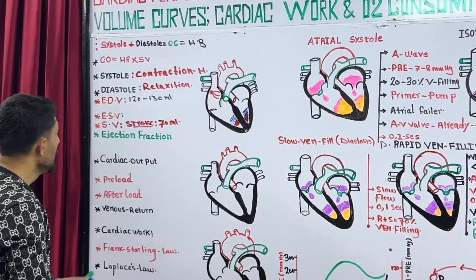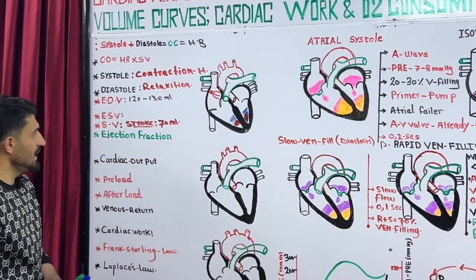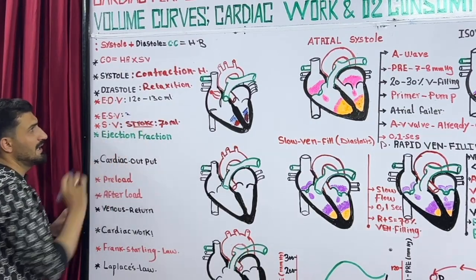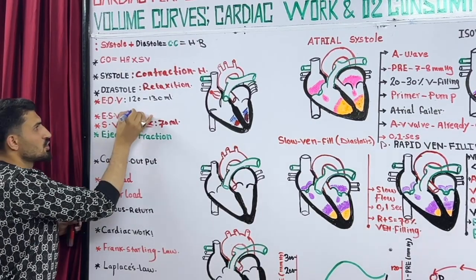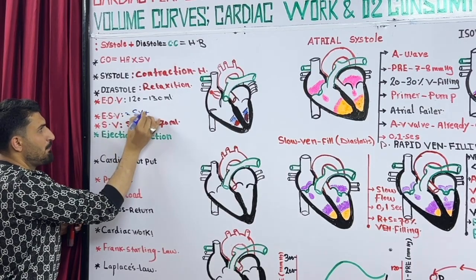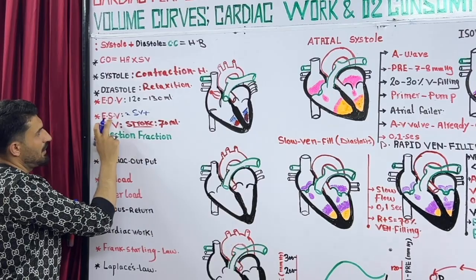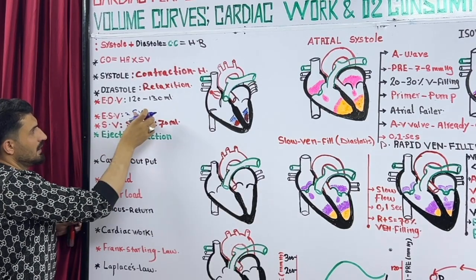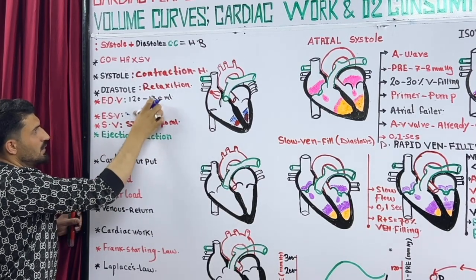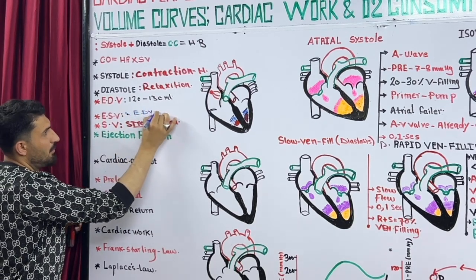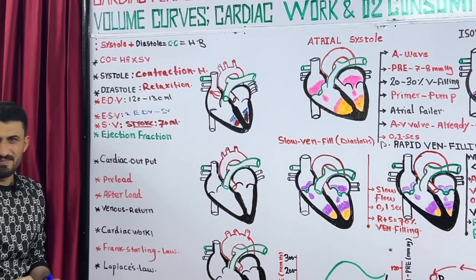Got it? Now we can find end systolic volume easily. End systolic volume is equal to end diastolic volume minus stroke volume.